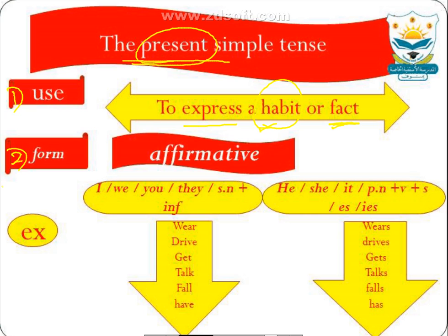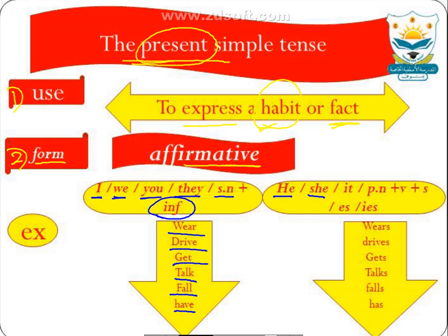Number 2, form. What is it made of? First of all, affirmative. In the affirmative, what do we do? I, we, you, they, singular noun plus infinitive. For example, wear, drive, get, talk, fall, have.